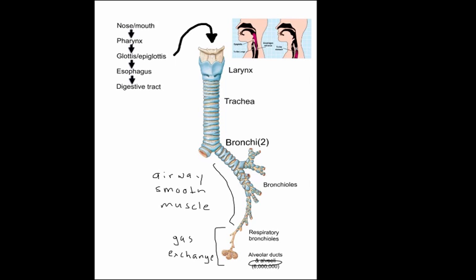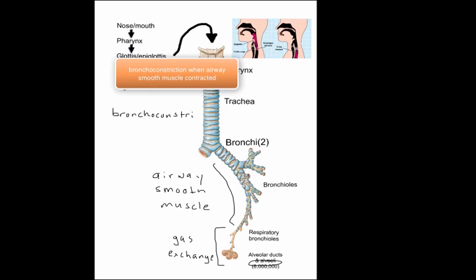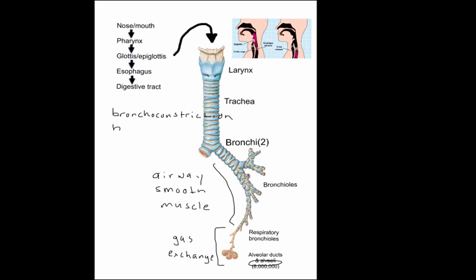And this is important in determining resistance to airflow. When we have high resistance to airflow, we have bronchoconstriction. And this would be when we have contracted airway circular smooth muscle, and when we have low resistance to flow and can move lots of air, we have relaxed airway circular smooth muscle and we have bronchodilation.